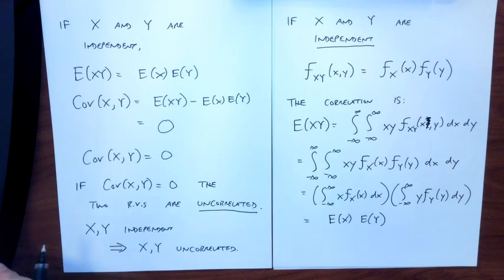So the important thing is that the reverse is not typically true. So I can have the covariance equal to 0, but have dependent random variables. And I'm going to do an example of that towards the end of class, okay? So kind of, one way is easy to show. The other way, I'm going to do an example that shows that I could still have the covariance being 0, but the variables being dependent, okay?